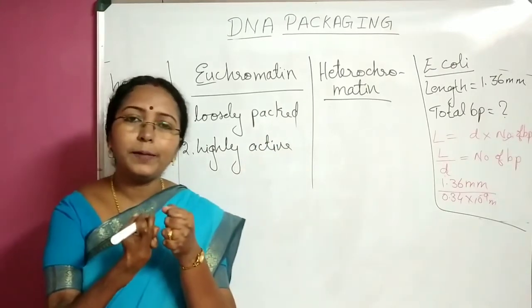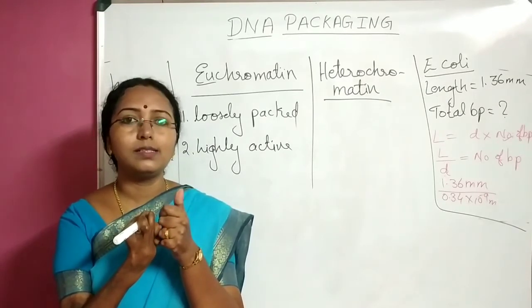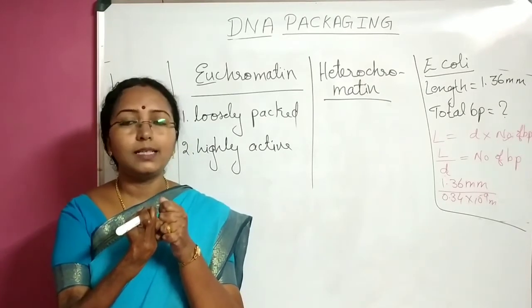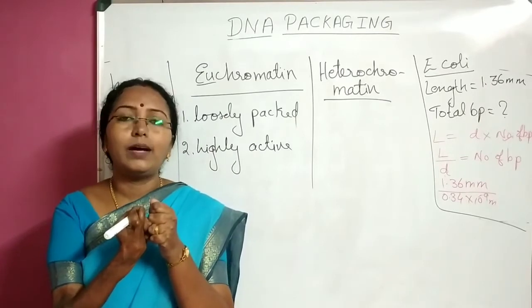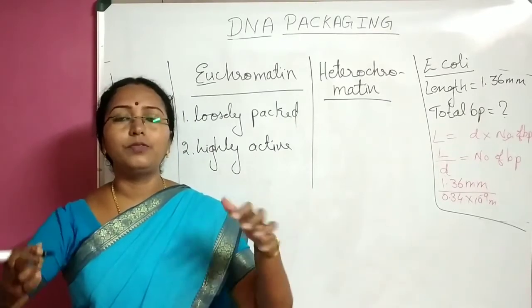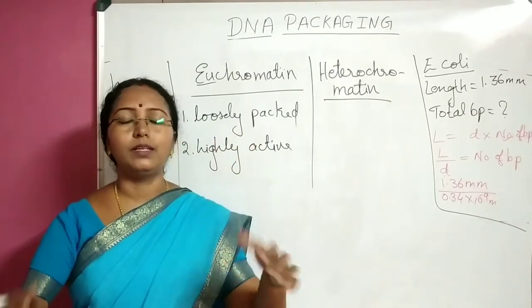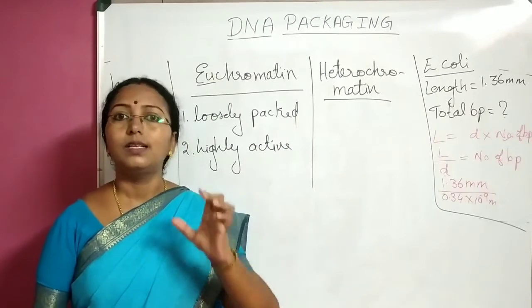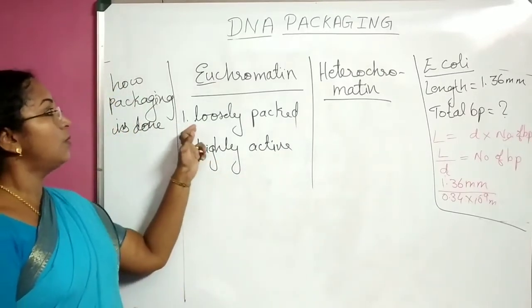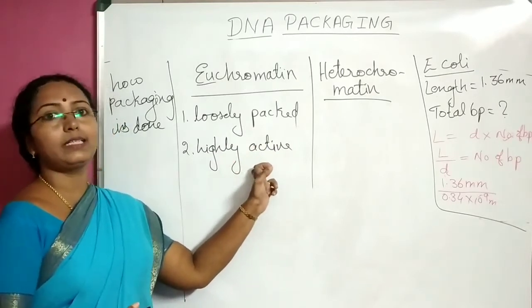If you are tightly kept somewhere, you will not have your individuality, isn't it? You will be doing as others are instructing you. You will not have your activities of your own. But if you are kept aside, if you are given freedom, you will do a lot of work. You can use your own brain and you can do your activities. Same way here, euchromatin is loosely packed and so it is highly active.